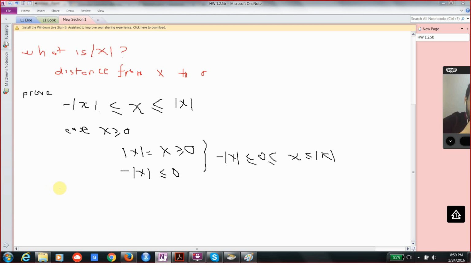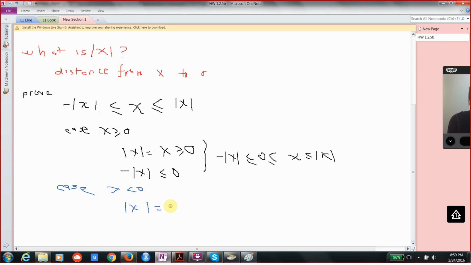So, x less than 0. You want to try it? Yeah. Okay. X less than 0. We know the absolute value of x is equal to what?